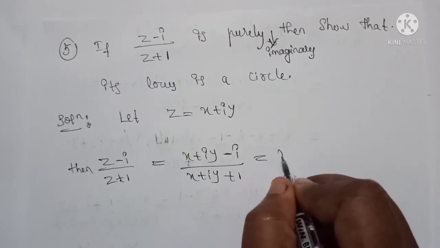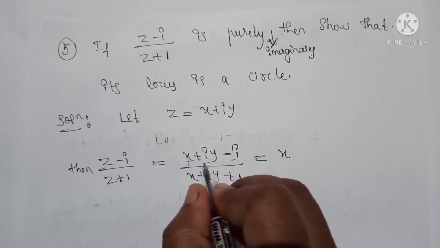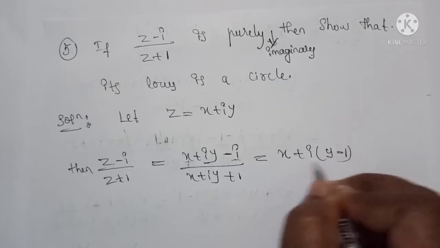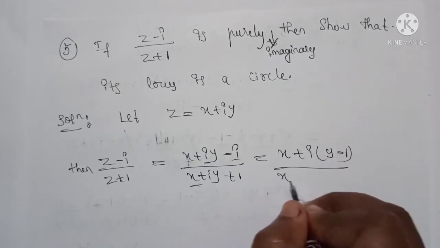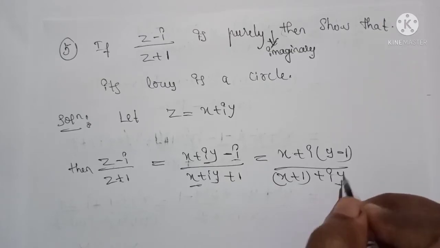Further simplifying, x stays as it is, and in these two terms we can take i common, so we get i(y minus 1). In the denominator, x plus 1 is the real part and iy is the imaginary part.